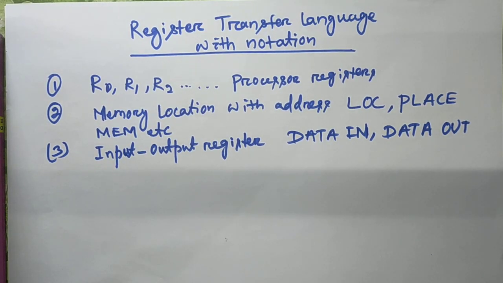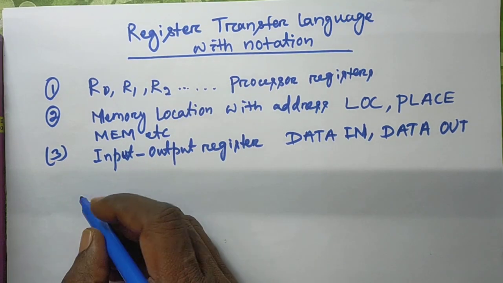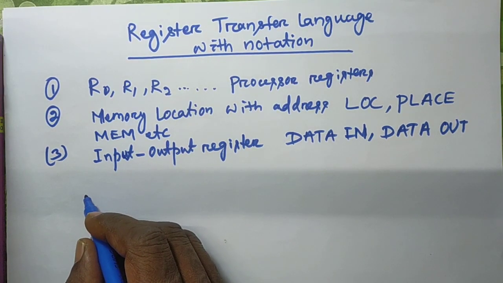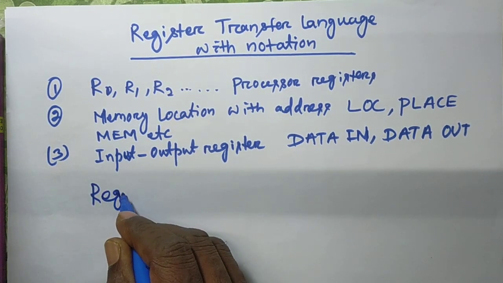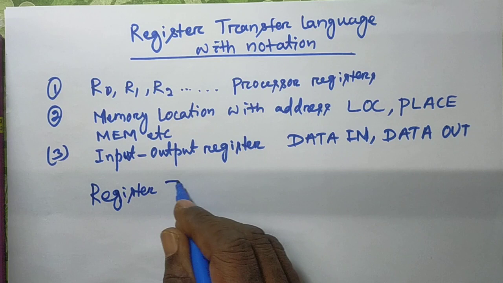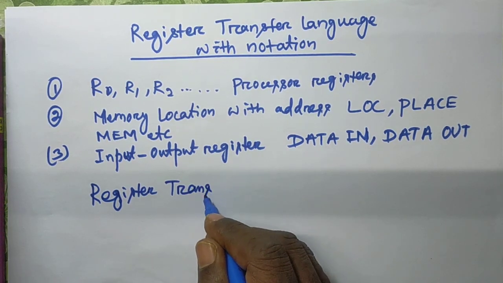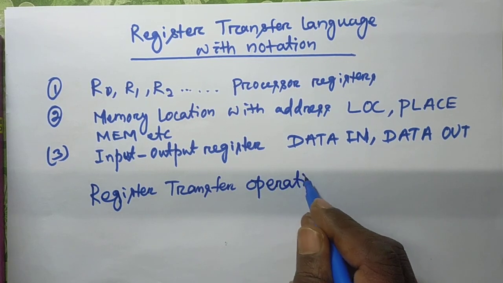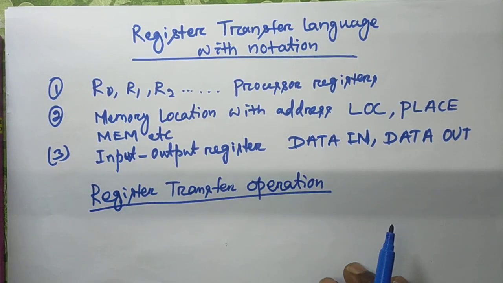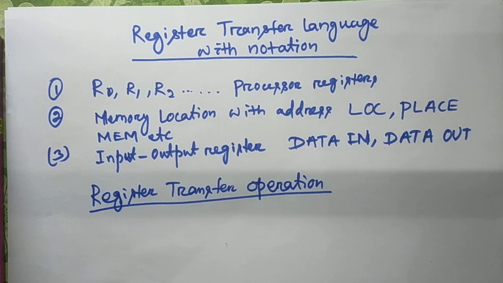So now, whenever we go through register transfer operation, if we go through it, normally three categories of register transfer operation we will consider.